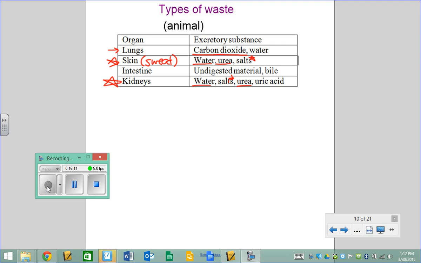Now your intestines you already know about because we discussed that already. Undigested material comes out. And so does bile. Bile is what gives your feces the characteristic color that it has for the most part. And so keep in mind that we are focusing on metabolic waste here.